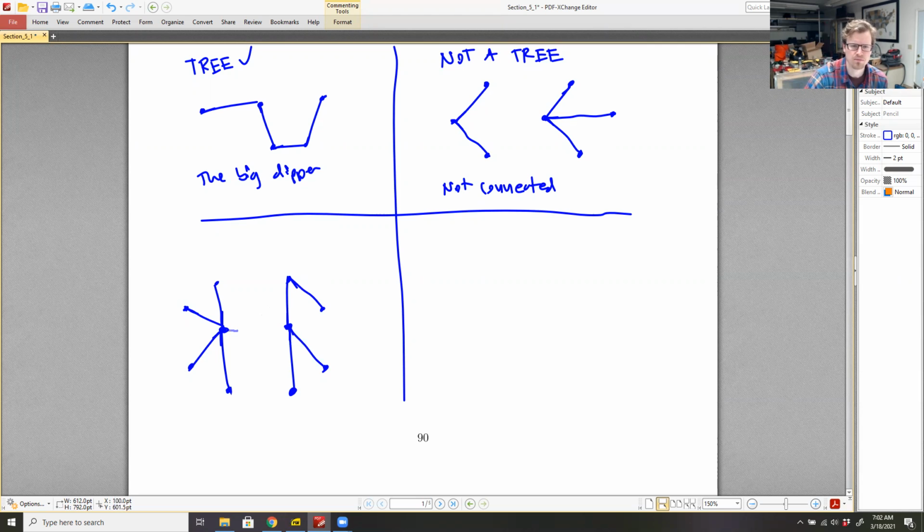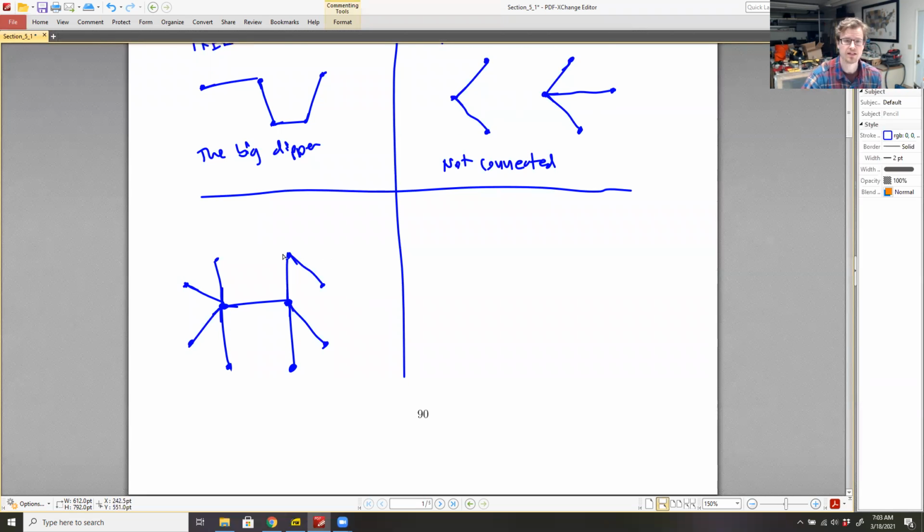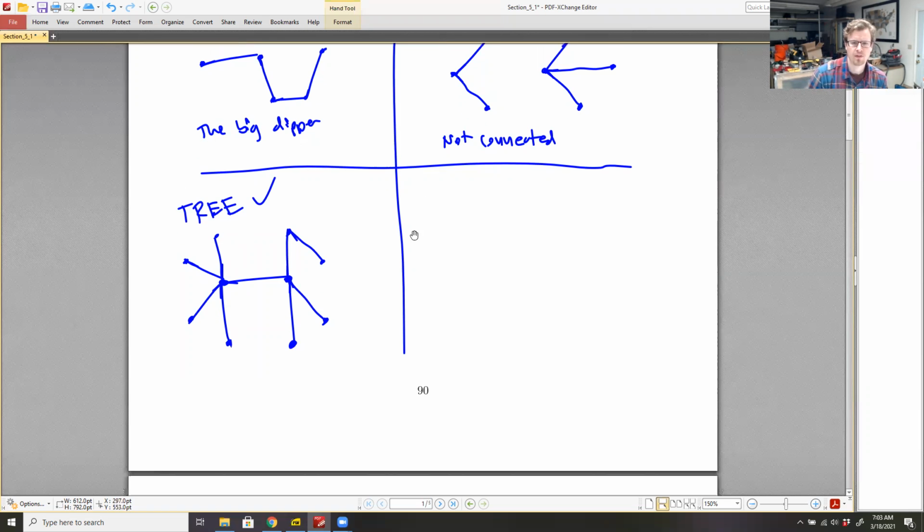Yep, that's fine. That'll work. And right there. Cool. This is a tree, right? There are no cycles. I can't end up going around in loops for a while. And it is connected because I can get from any vertex to any other vertex. So this is connected and it contains no cycles. So this is a tree. All right, let's look at one more example.